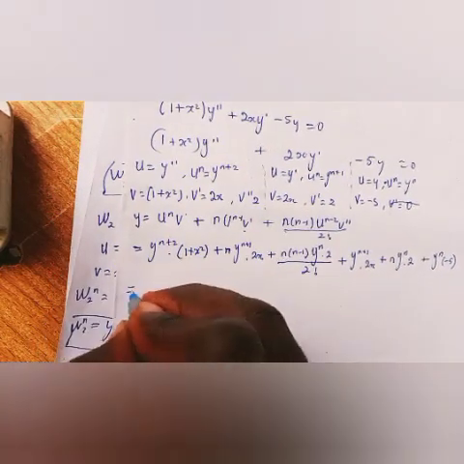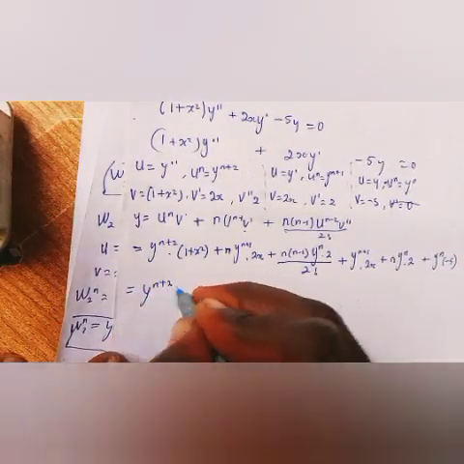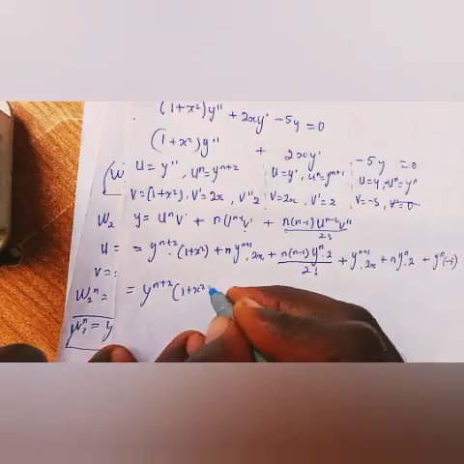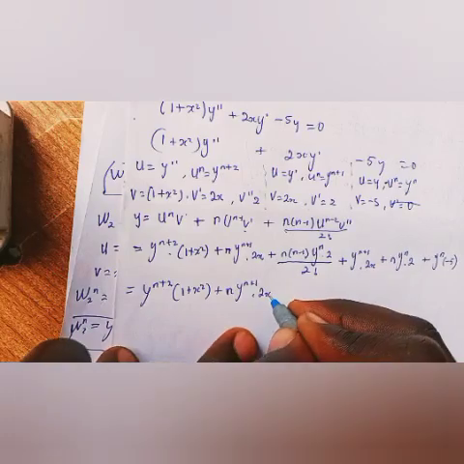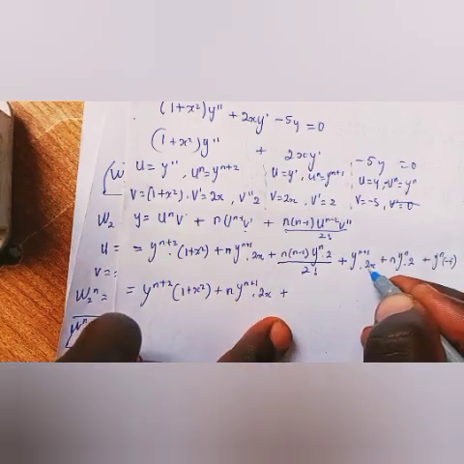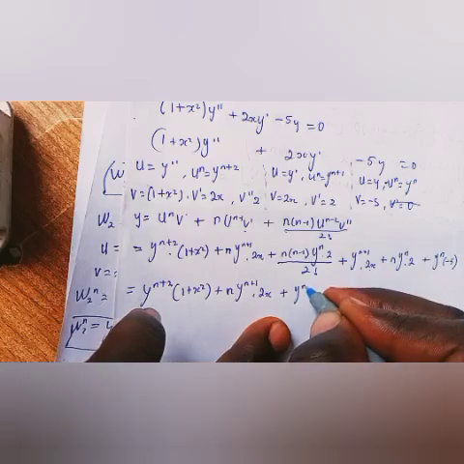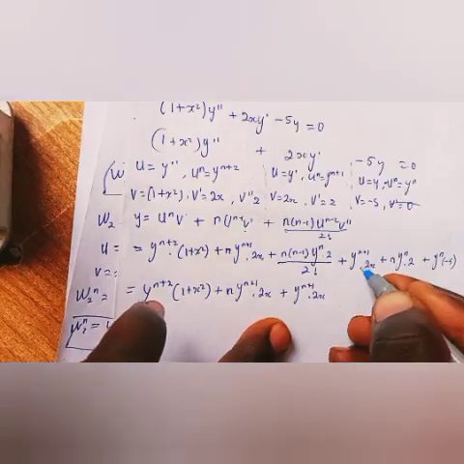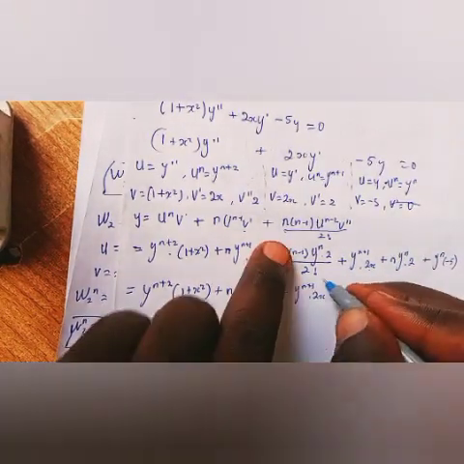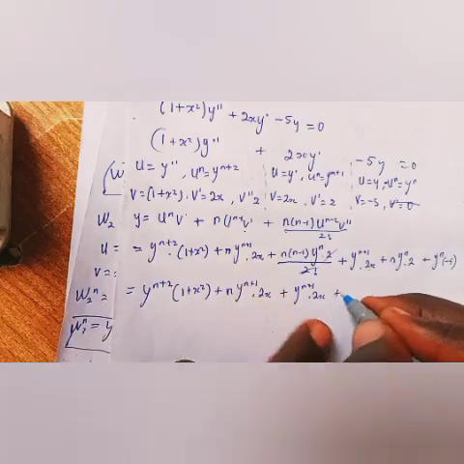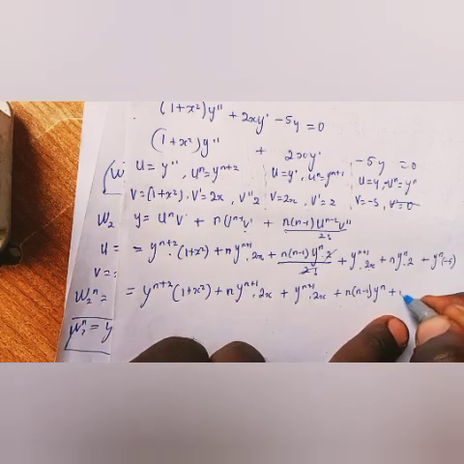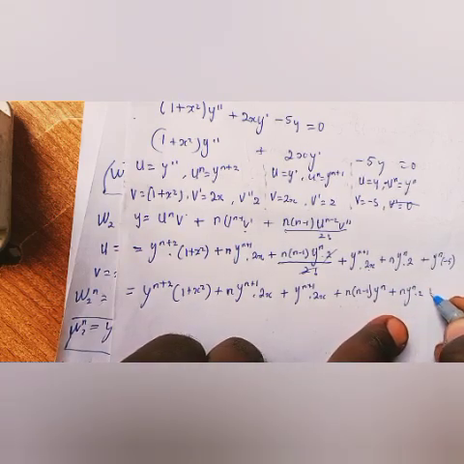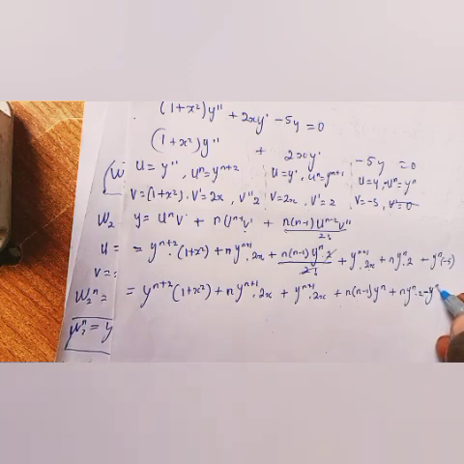So we're going to have yn plus 2 (1 plus x squared) plus n yn plus 1 dot 2x, plus, then I'm bringing this here. So we have yn plus 1 dot 2x, this one. So I brought it here. Now this one cancels. So we have n minus 1 yn plus n dot 2 minus n.